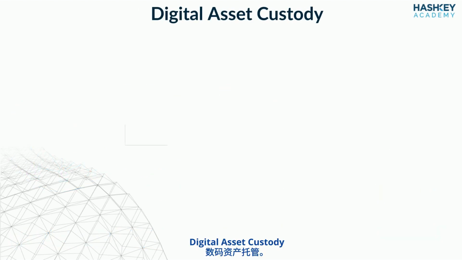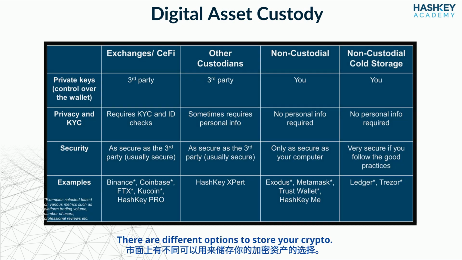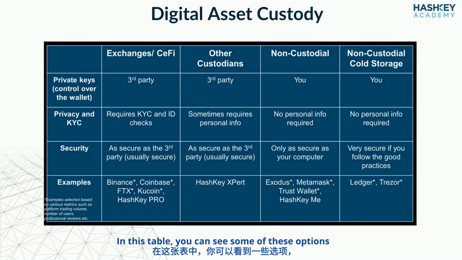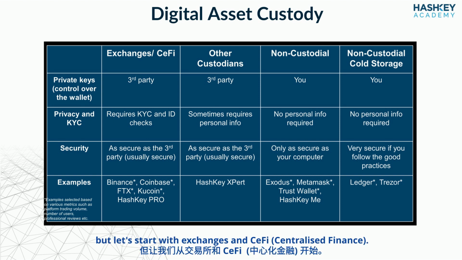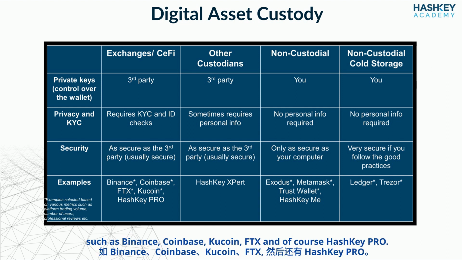Digital asset custody. There are different options to store your crypto. In this table, you can see some of these options, but let's start with exchanges and CeFi, centralized finance. These are usually regulated institutions, and you have here some examples such as Binance, Coinbase, KuCoin, FTX, and of course, HashKey Pro.